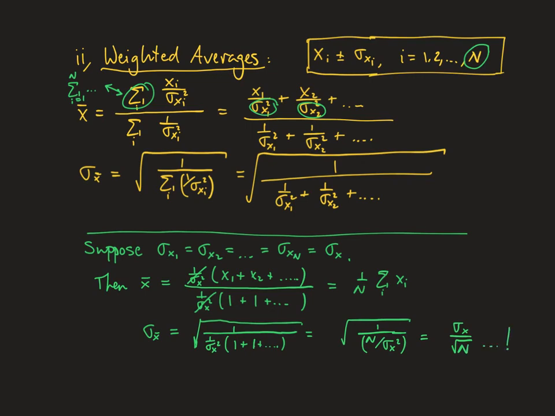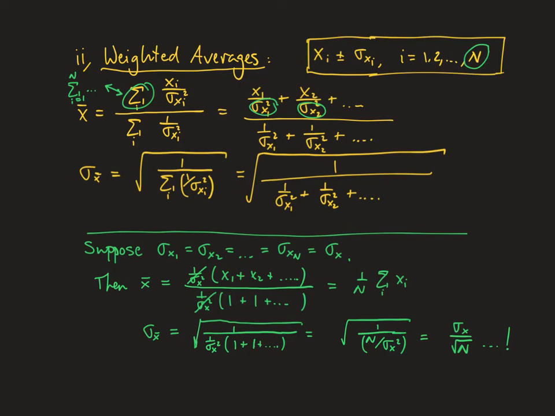Well, that's kind of interesting. It says that if you measure this quantity a whole bunch of times, and they're statistically distributed, they've got maybe different values, x1 and x2, etc., but each of them has essentially the same uncertainty as each other, then when you average those things, you get what maybe you would expect if you think about it a little bit.